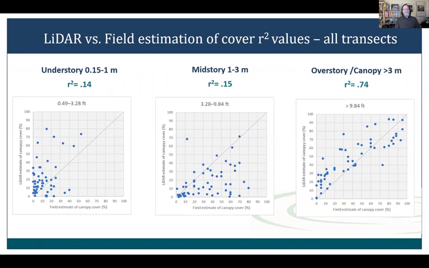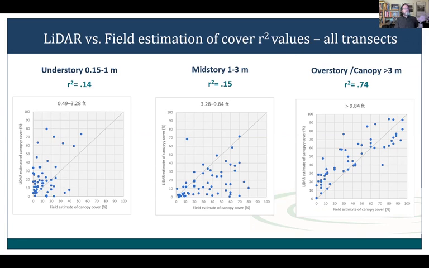To get a better statistical analysis and correlation across all transects, we prepared these plots, and our statistician did an analysis to look at the R-square values. On the left, you can see the distribution of points. On the y-axis is the LiDAR estimate of canopy cover. On the x-axis is the field estimate of canopy cover.